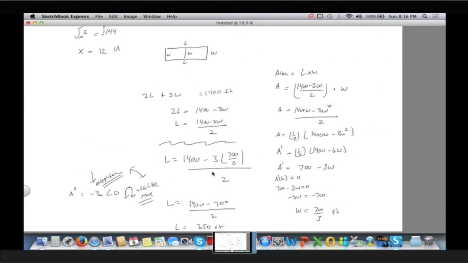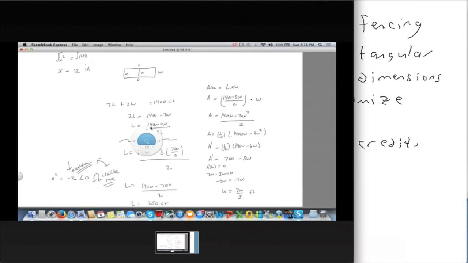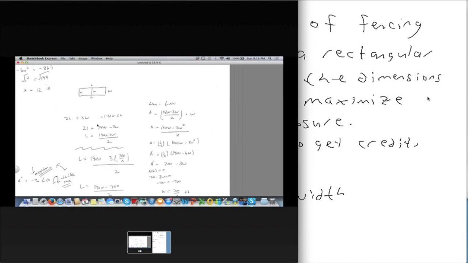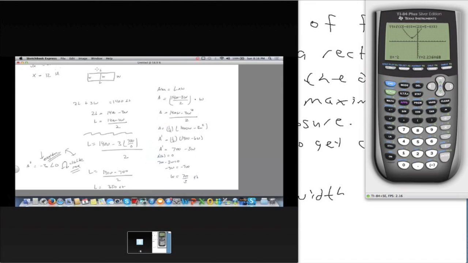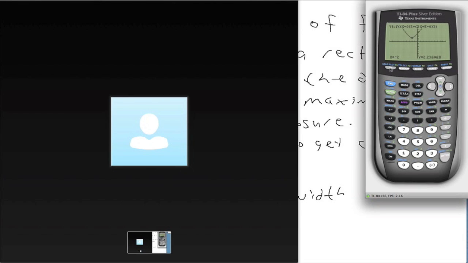I guess I'll double check two ways. I'll double check, well, first, if I added 350 plus 350 is 700 plus, yeah, that's about right. Okay, and then L equals, right here.